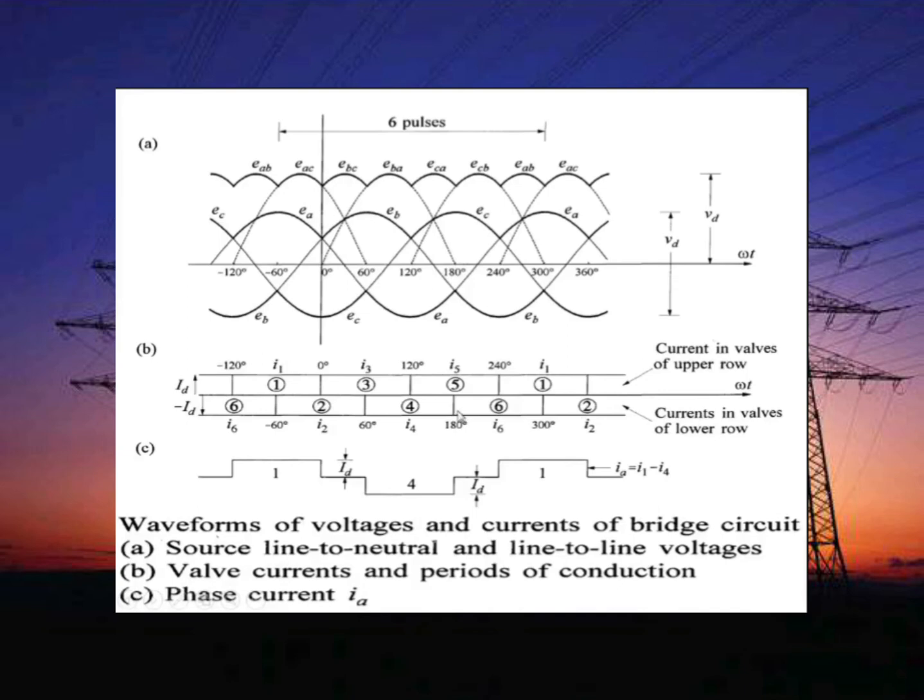And from pi to 4 pi by 3, again the phase A current is 0, right?